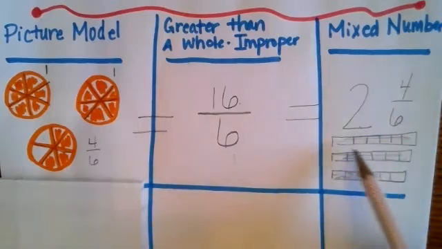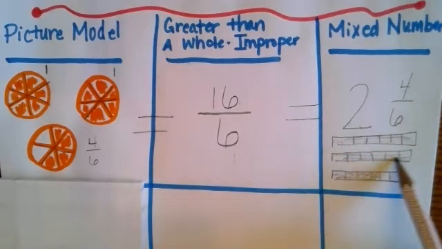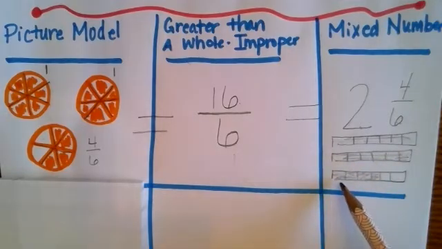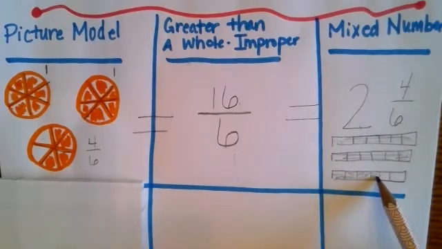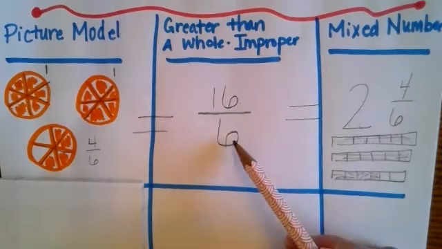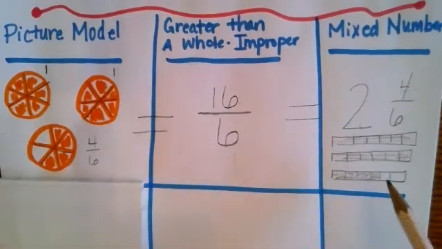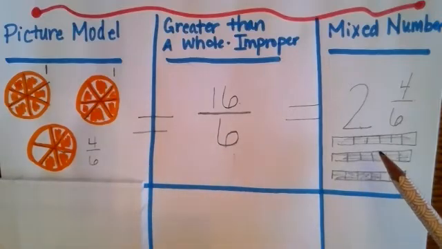Then we want to know, how many total individual 6ths is that? This is 6, 12, 13, 14, 15, 16. That's why that's a 16. And then we know how many parts are in each whole candy bar: sixths. These two models really show the same thing.